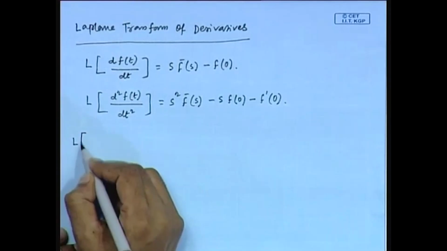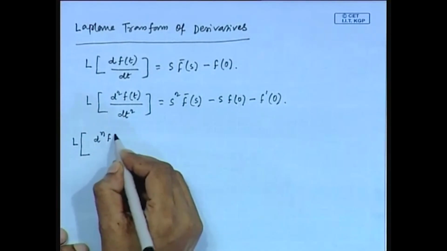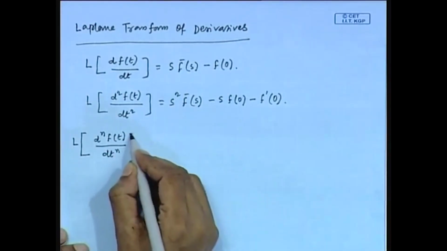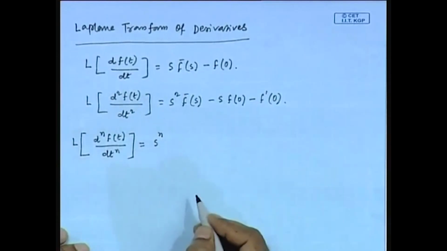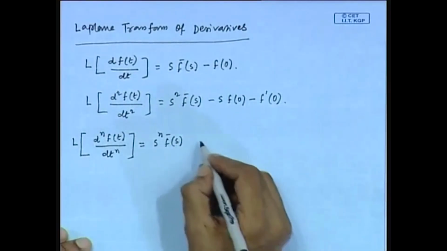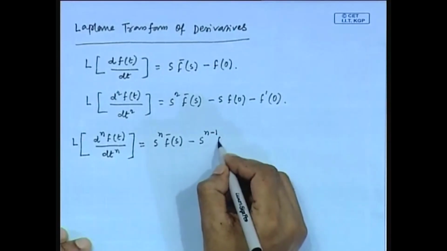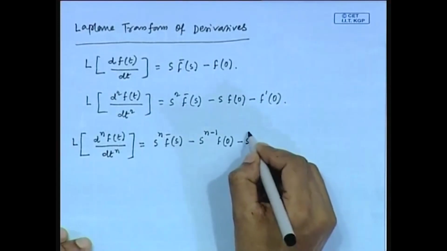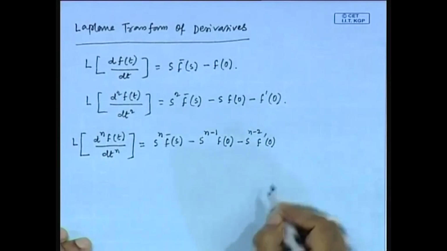Similarly, for the nth order equation, d^n f(t)/dt^n is equal to s to the power n f bar(s) minus s to the power n minus 1 f(0) minus s to the power n minus 2 first derivative at 0.